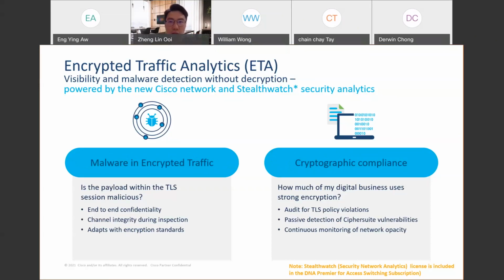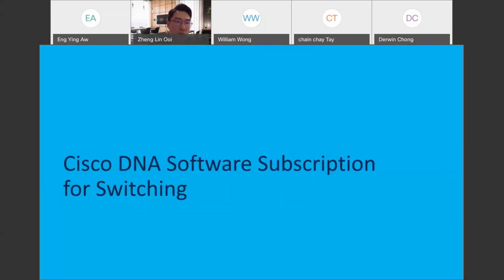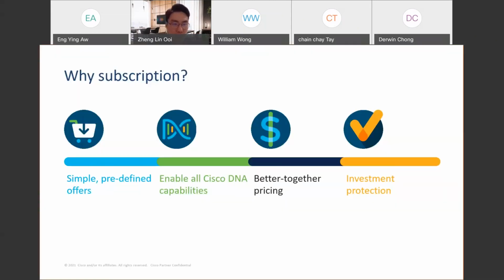Okay, all right, let's move on to the next slide. Now we're talking about Cisco DNA software subscriptions. So why do we want a subscription? Actually, the good thing about this subscription, you see the last item, we call it investment protection, right?